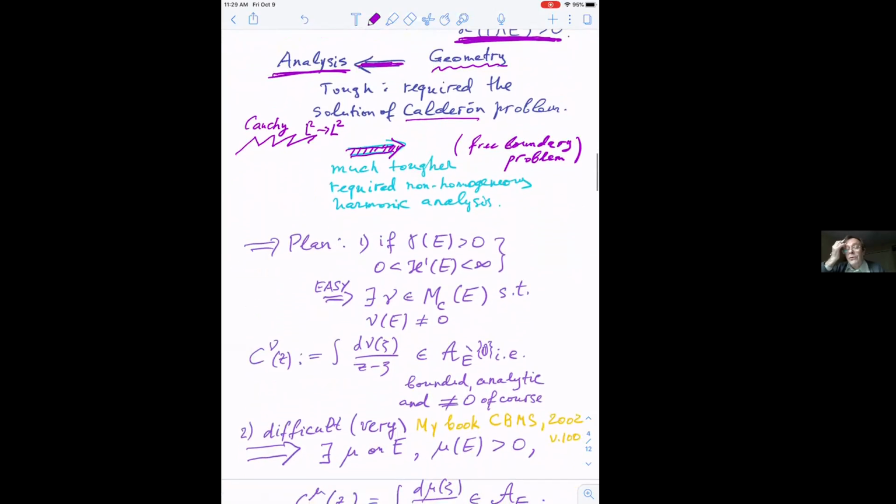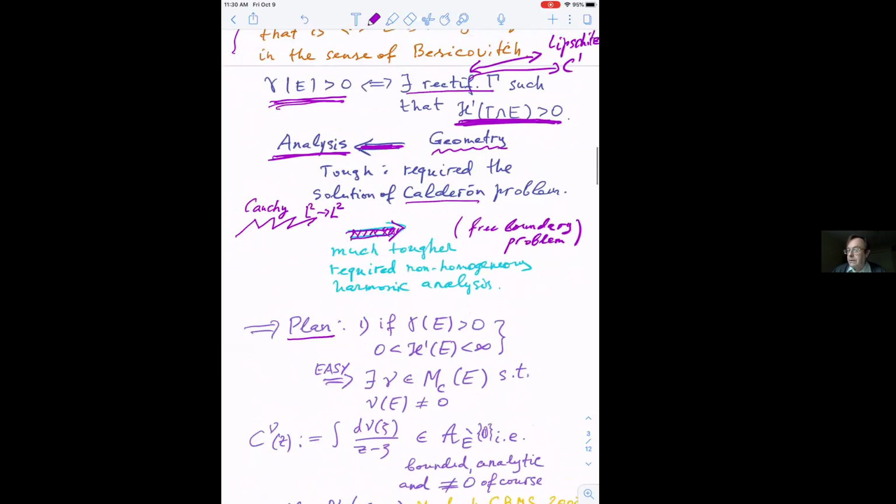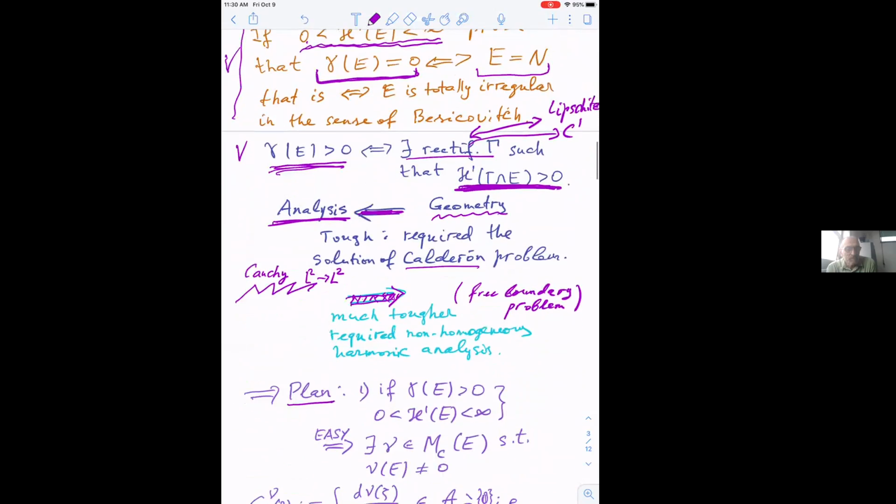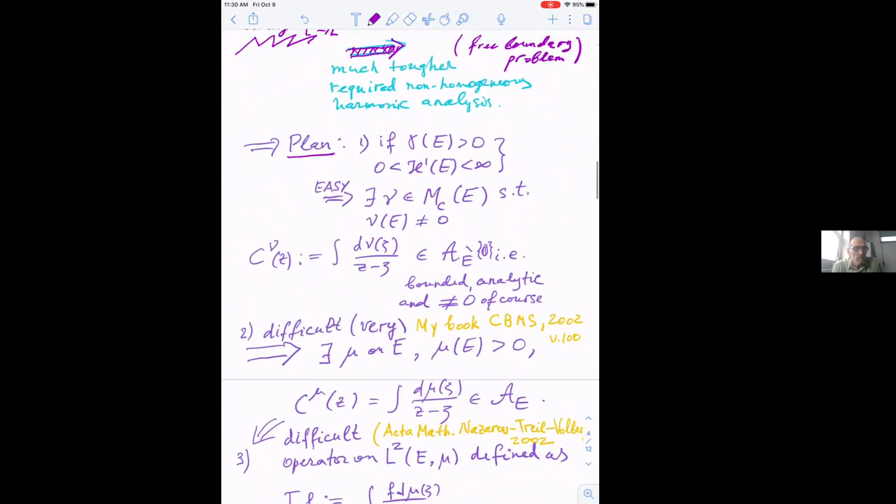So let me kind of prove it. Of course, there will be no proof in any sense, but I will show the plan of how to prove this difficult direction. Yeah, so after that, as you understand, this will be proved, check mark. And so the Denjoy-Vitushkin conjecture will be proved. Okay, so by the way, who proved that?